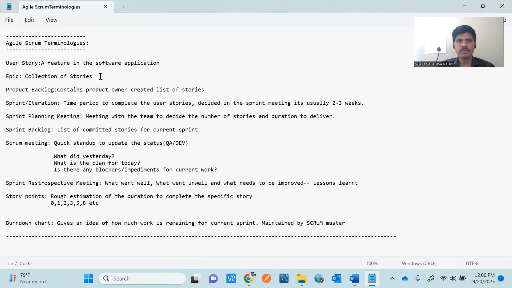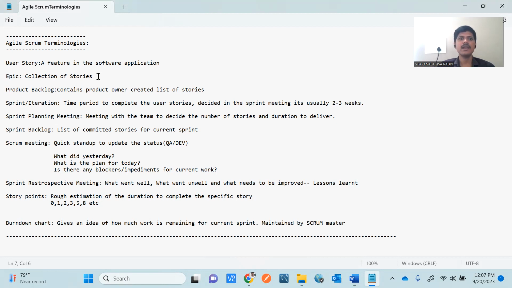As a user, I should be able to search for the product. Then as a user, I should be able to add the item to the cart. And as a user, I should be able to make a payment and place an order. So there are 4 things: login, search, add item to the cart, then place an order. One epic may have a number of stories.